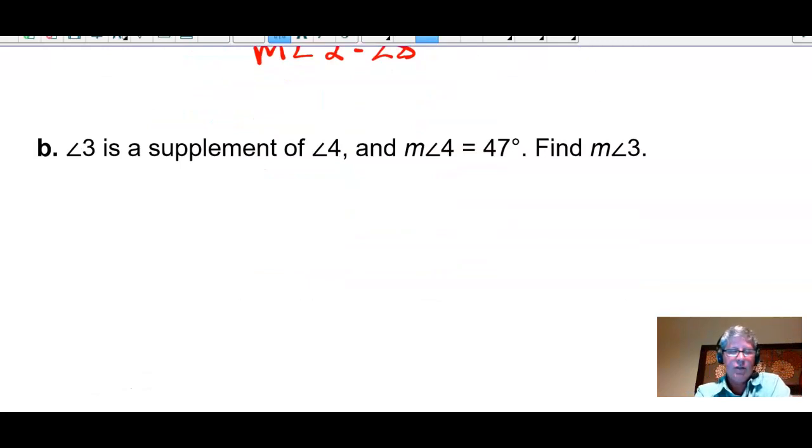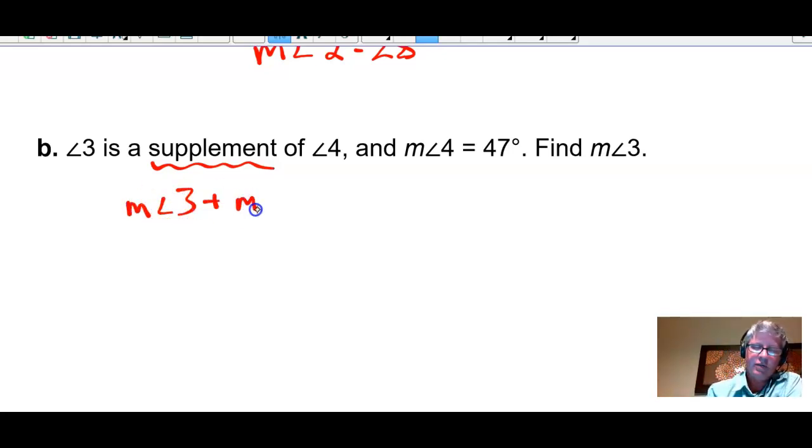All right. Angle 3 is a supplement. Well, you know what that means. A supplement just means that they add up to 180. So we might say the measure of angle 3 plus the measure of angle 4 is equal to 180 degrees. When we're talking about numbers, we actually use the M out front of the angles to say, hey, the measure, the number that represents this angle.